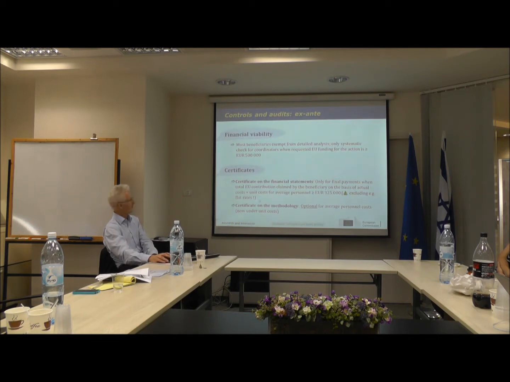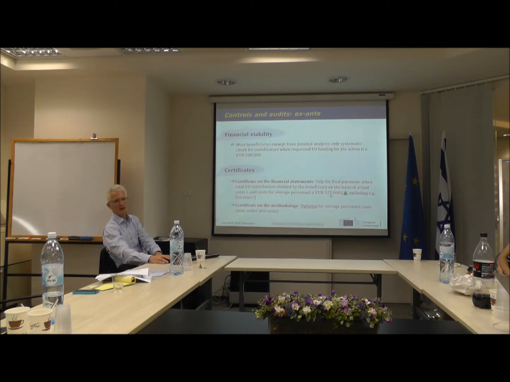Then we have the certificates on the financial statements, which also count as ex-ante because they are before we pay the final amount. I already mentioned that it's only at the end in Horizon 2020, and only if the amount for the beneficiary exceeds 325,000 euros for costs charged on actual and unit cost basis.